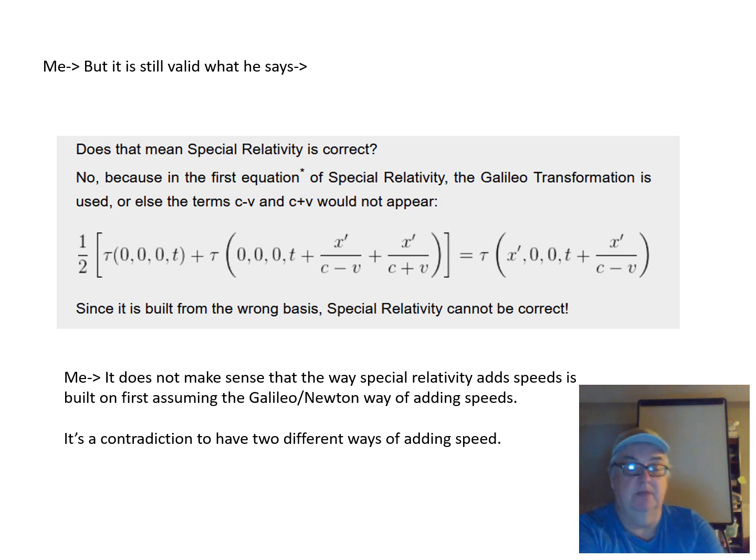Special relativity from Einstein, and the way the mainstream seems to believe it, is you build upon the idea of assuming the way Galileo and Newton add speeds, and then you try to form a different equation for adding speeds. And it is a contradiction to have two different ways of adding speed.